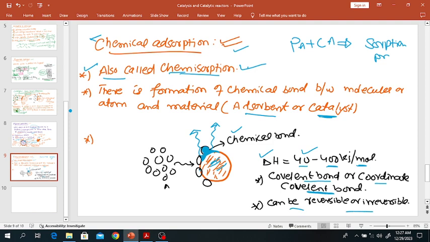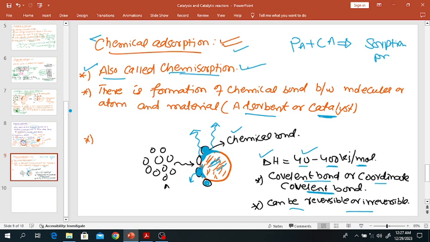Sometimes these bonds are very strong, and these molecules cannot be detached or dissolved easily from the surface. When these molecules are attaching to a surface, sometimes they form some product, and the product cannot leave or dissolve easily from the surface.